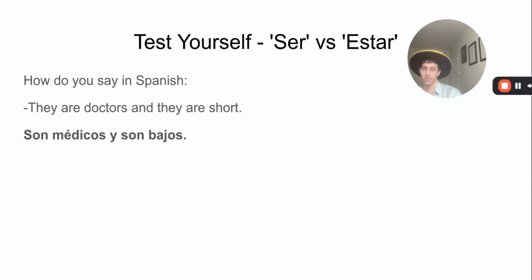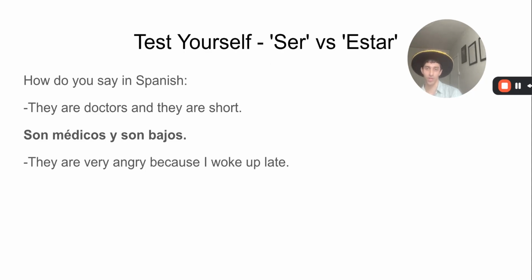So let's go on to the second one. Second question, they are very angry because I woke up late. So we have one instance of they are in this particular sentence. So try and think through whether you should use the verb ser or estar there. Think back to the categories we looked over, and then conjugate that verb in the correct form, and then translate the rest of the sentence.